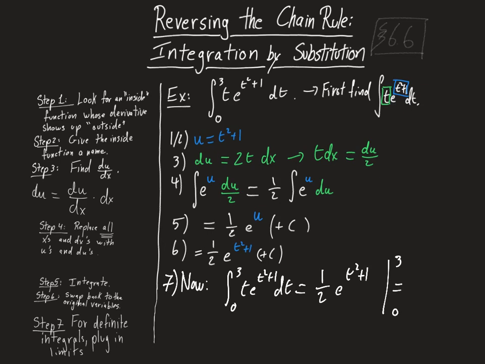If we write this out, we're going to get 1/2 of e to the 3 squared, which is 9, plus 1 is 10, minus 1/2 of e to the 0 squared plus 1, which is e to the 1.